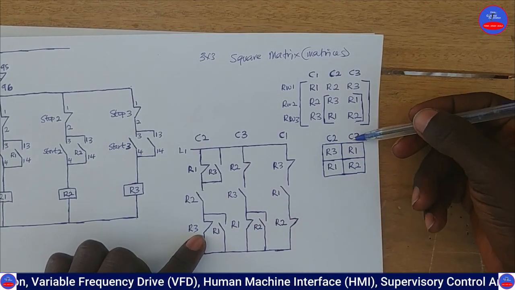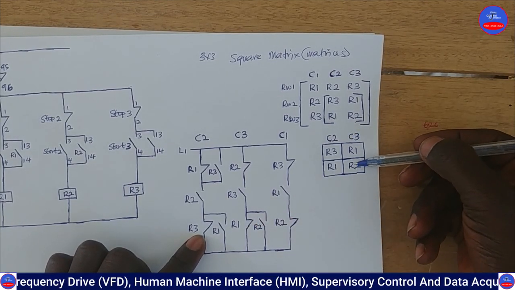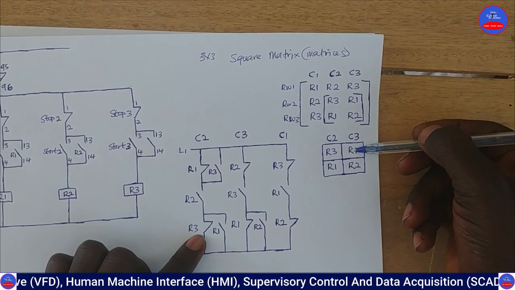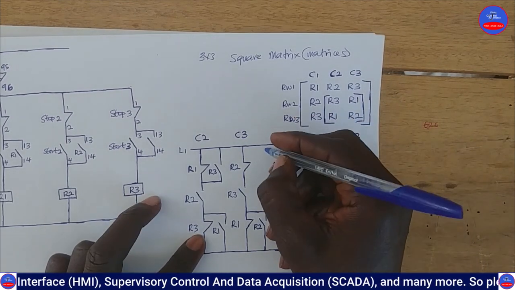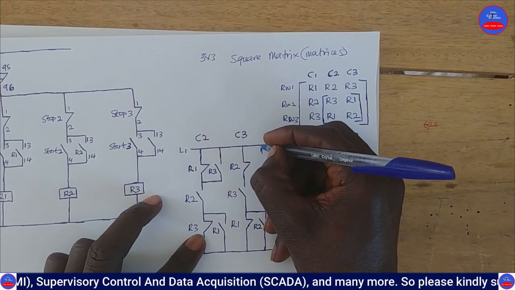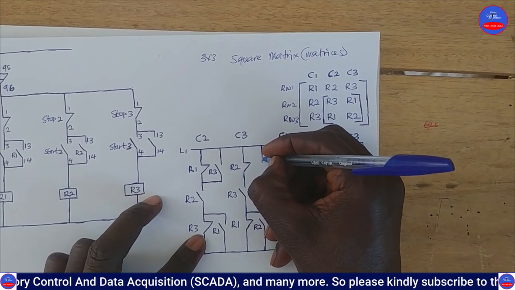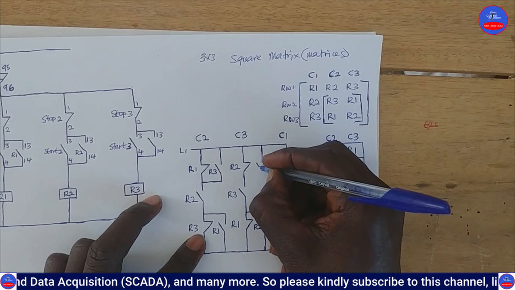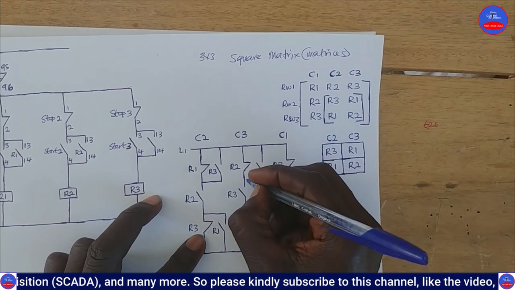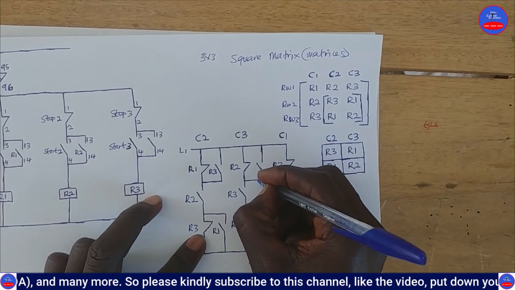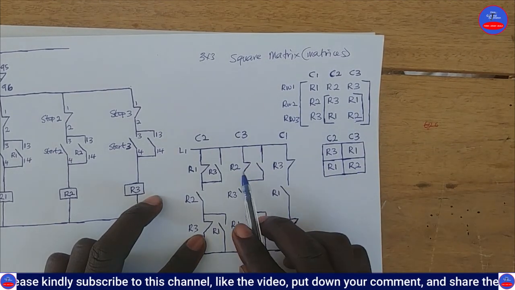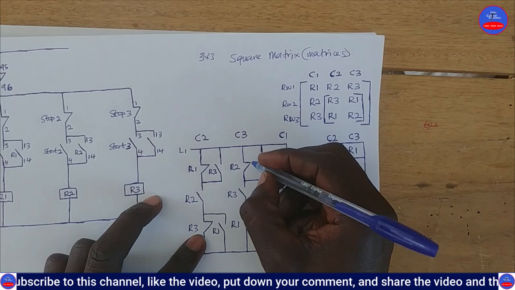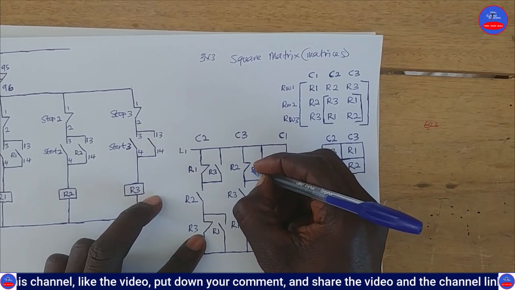Okay, let's go to the same column 3. Wherever we see R2, you parallel it with R1. So in column 3, this is R2. So it is going to be parallel, okay. So R2 will be parallel with R1. So this is R1.